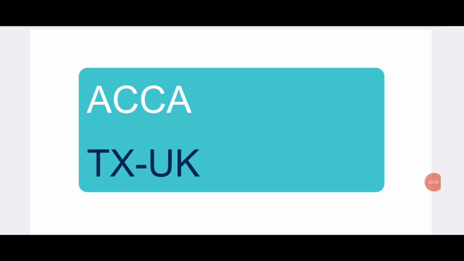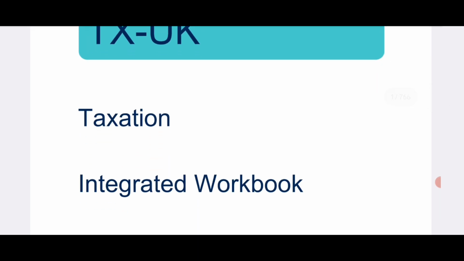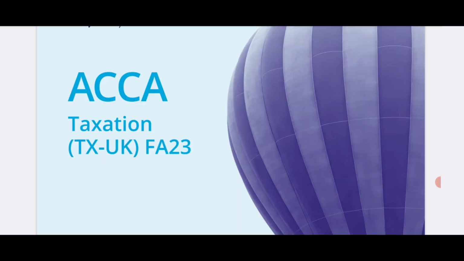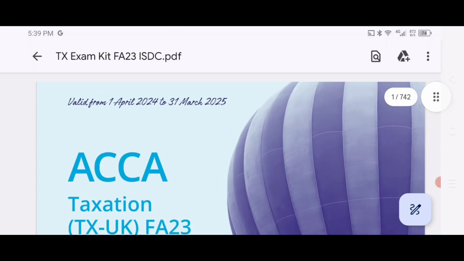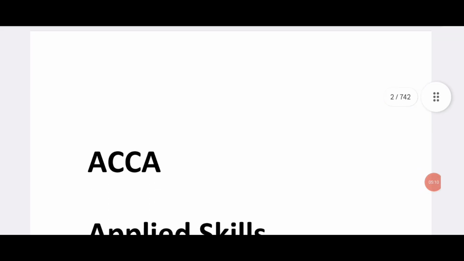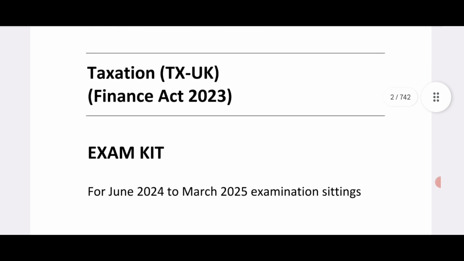Students, you will also get the ACCA UK Taxation integrated workbook, which will help you understand the formats and tables. This is the ACCA Taxation exam kit by Kaplan. You will get this Kaplan exam kit as well.